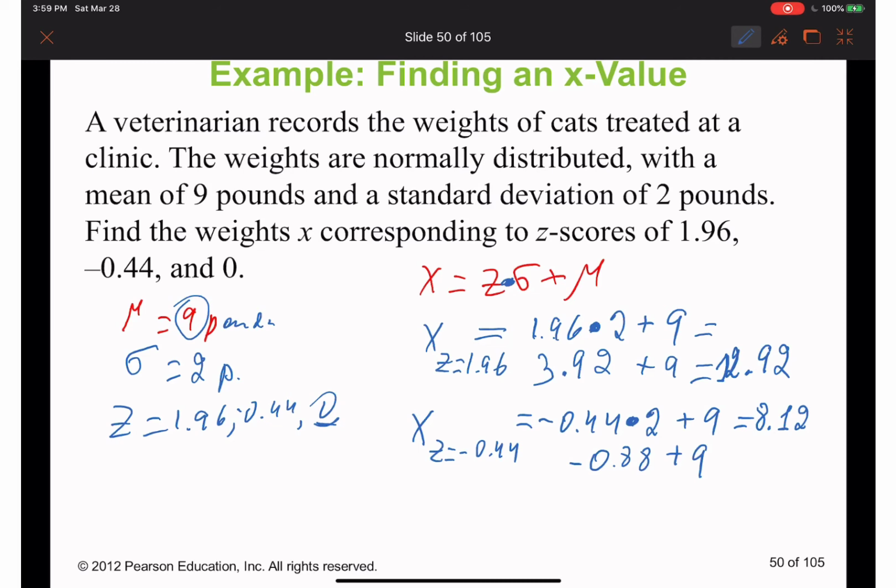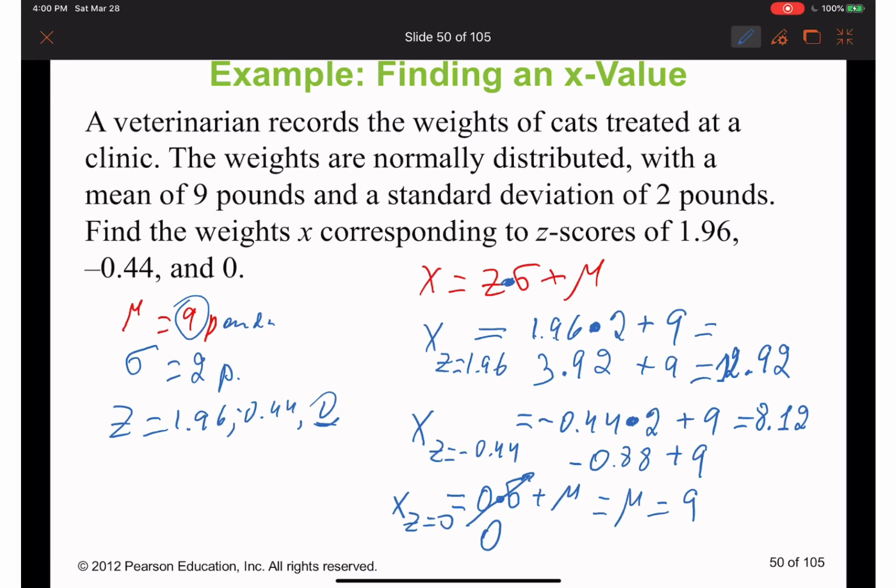And now let's do x when z-score is equal 0. That is equal z-score 0 times sigma and plus mu. Since z-score times sigma is going to be equal 0, all we have is mu, which is 9.